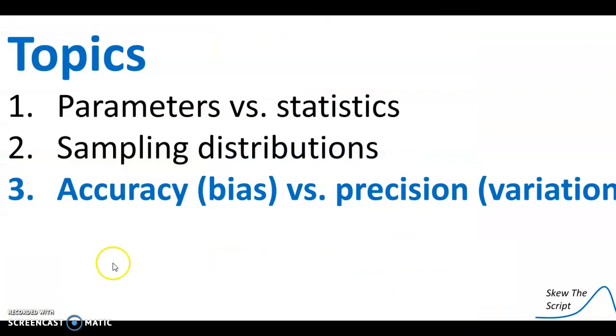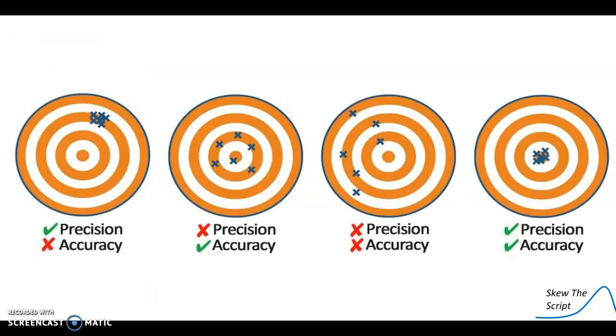And lastly, let's talk a little bit about the difference between accuracy and precision. So look at these different graphs in terms of precision and accuracy. Precision is all about variability, how much variation there is in the different estimates that you got. So notice both of these, this first one and the last one, have a lot of precision, whereas accuracy is talking about how close you are to the true value.